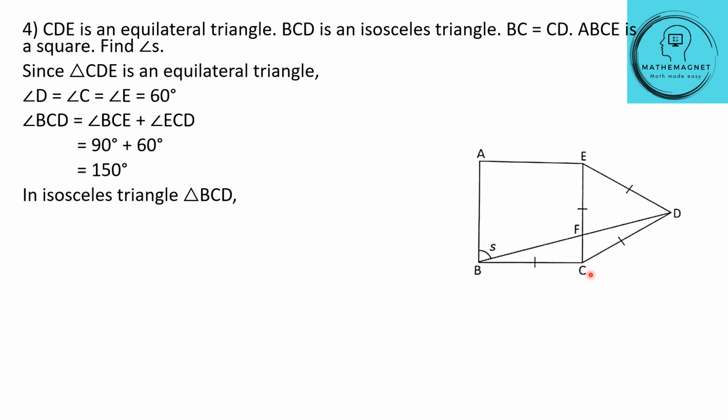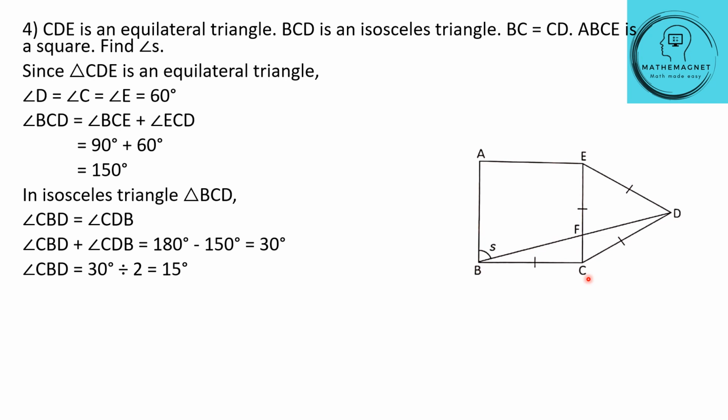Correct? Now we know the third angle is 150 degrees. So the sum of the other two angles will be 180 minus 150, which is equal to 30 degrees. So angle CBD will be 30 degrees divided by 2, which is equal to 15 degrees. Now we found out this angle is 15 degrees.